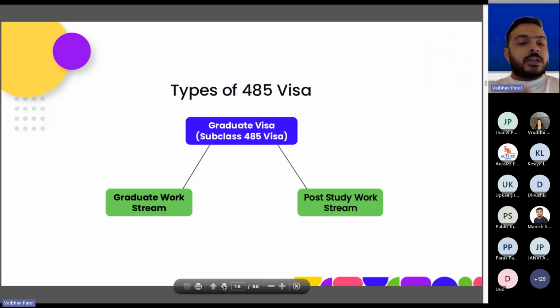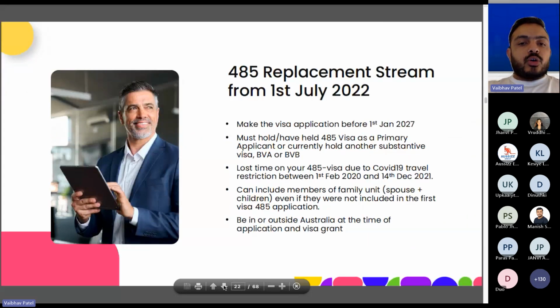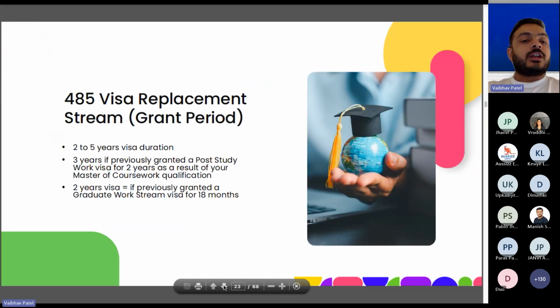Now they have 2 streams, the graduate stream and the post-study work stream, but you do not need to bother much about this, because these streams are going to be renamed, and there are small changes coming in terms of age, in terms of the country of passport, in terms of your qualification level. You will have different options. But overall, the 485 visa is granted from 18 months to up to 4 years, and for Hong Kong and British nationals, we can also get up to 5 years visa.